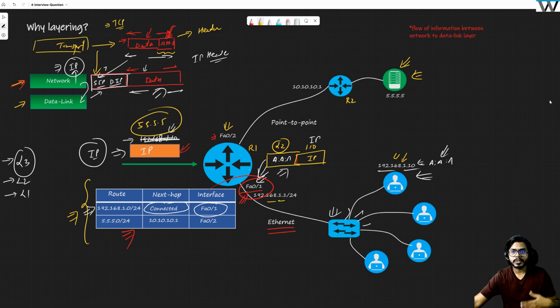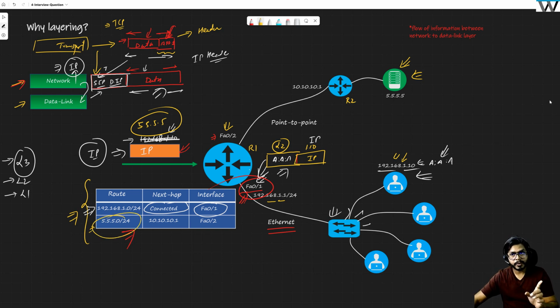So the process is going to be the same. The network layer doesn't understand anything. It got the data from the upper layer, the transport layer. It sees, okay, this IP packet is for 5.5.5.5 because the destination IP in the IP header is 5.5.5.5. I need to check my routing table, right? So it is going and checking its routing table. It found a subnet here.